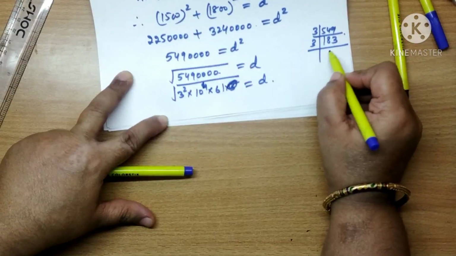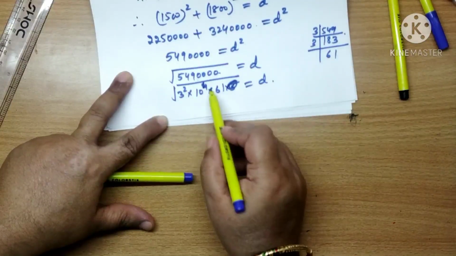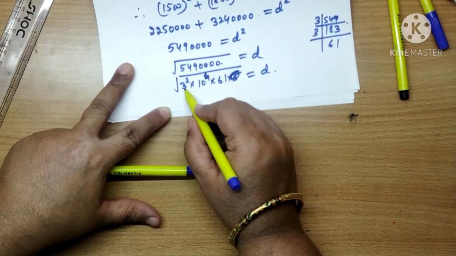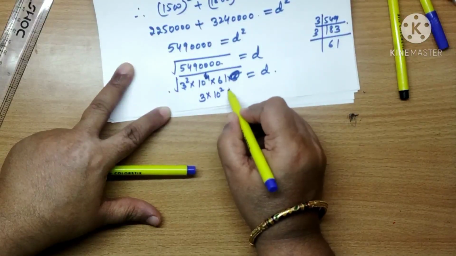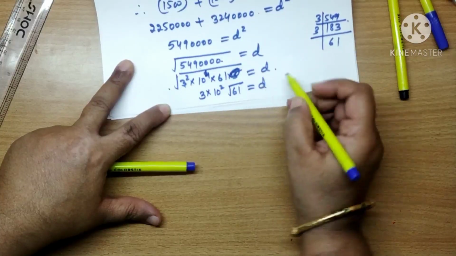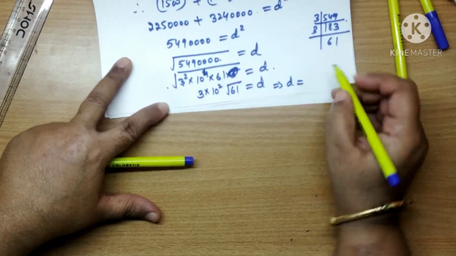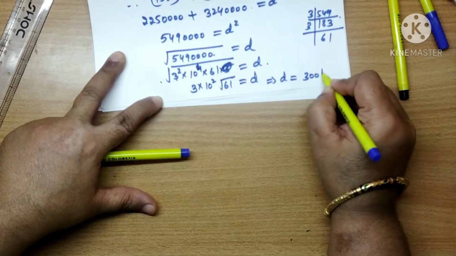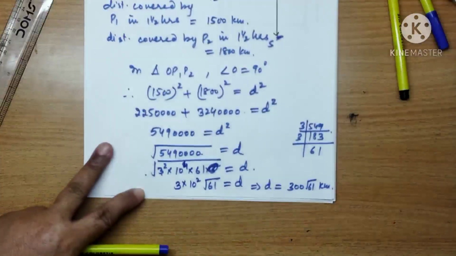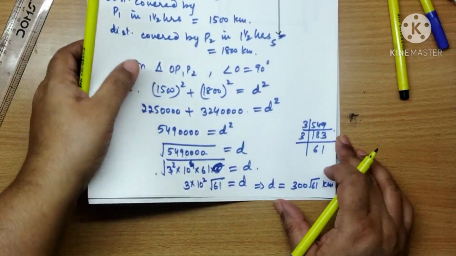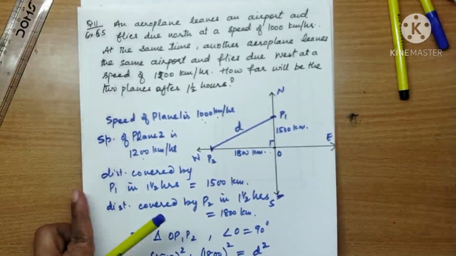It will again go by 3, 61. And 4 zeros is 10 raised to power 4. So 3 square into 61 into 10 raised to power 4. So 3 comes out of the root, 10 raised to power 2 comes out, and root 61 stays as it is. So the distance between the two planes is 300 root 61 kilometer. So you can write down the answer statement: distance between the two planes is 300 root 61 kilometer.